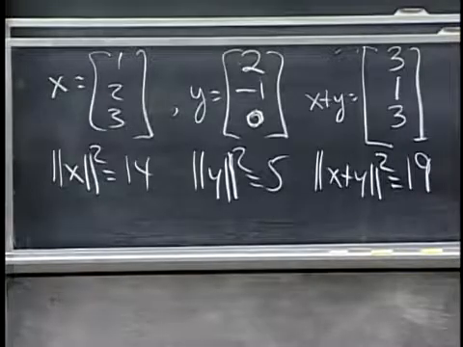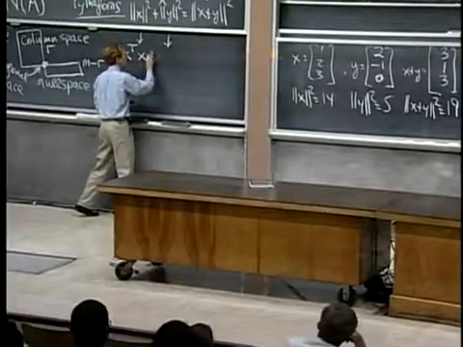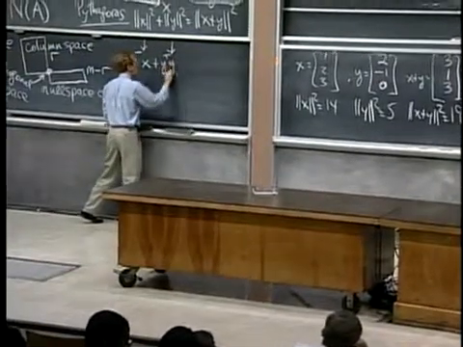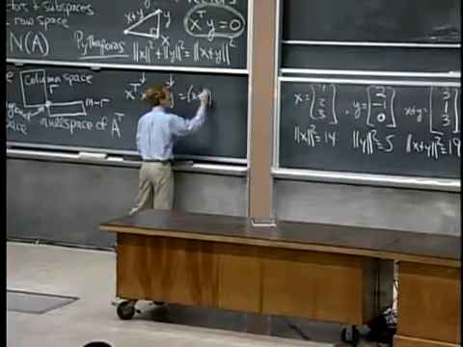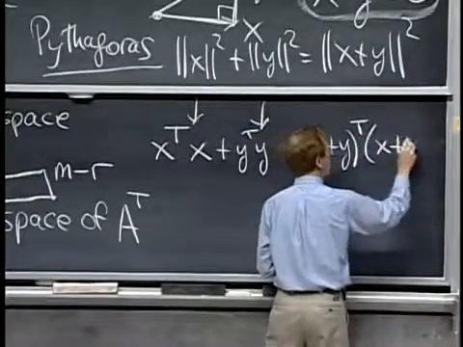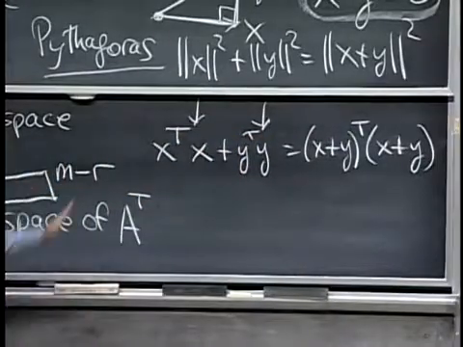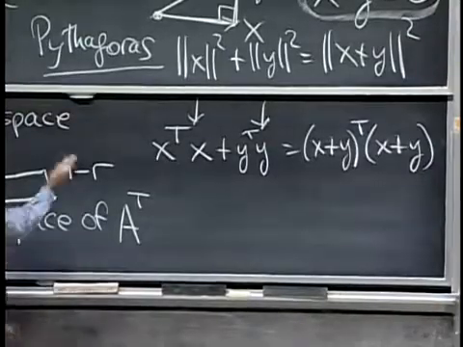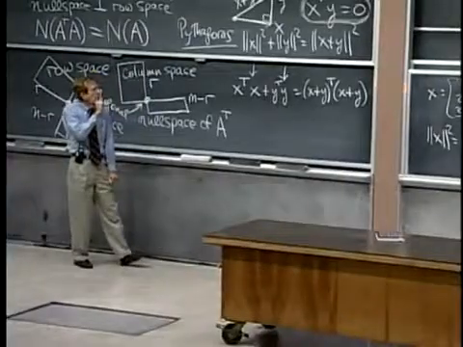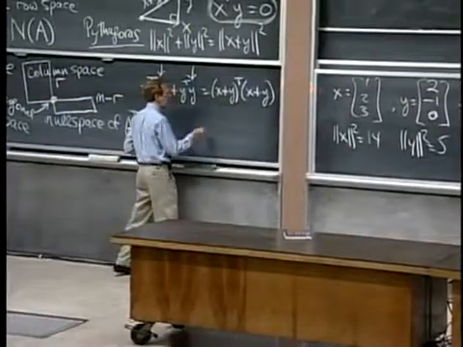Now, let me just do that in letters. So that's y transpose y, and this is x plus y transpose x plus y. Okay. So again, this isn't always true. I repeat, this is going to be true when we have a right angle. Of course, I'm just going to simplify this stuff here.